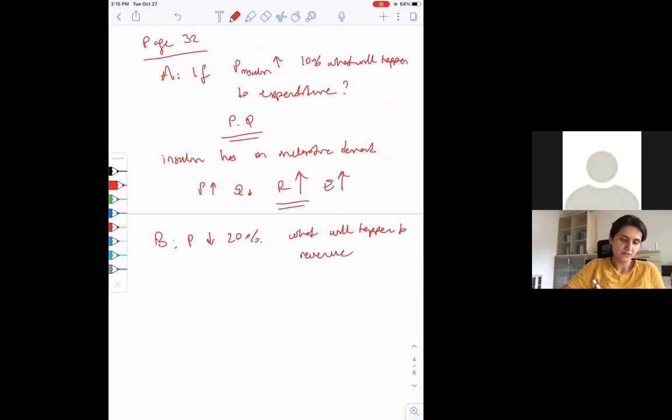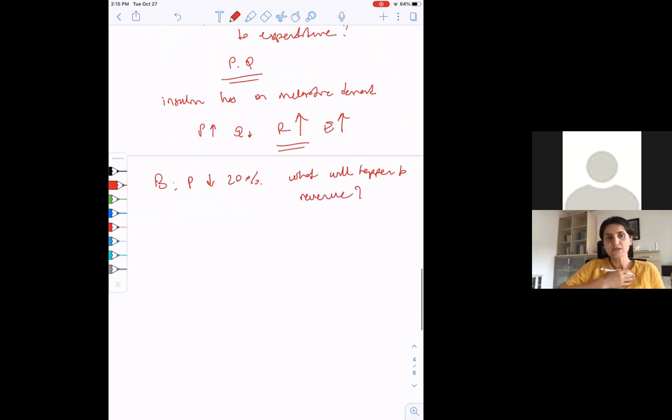Luxury cruise is an elastic good, right? It's a luxury, so you don't need to consume it. If there's a price decrease, Q will increase much more than P, which will lead to a revenue increase.